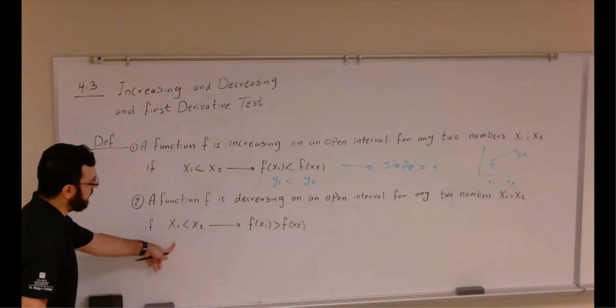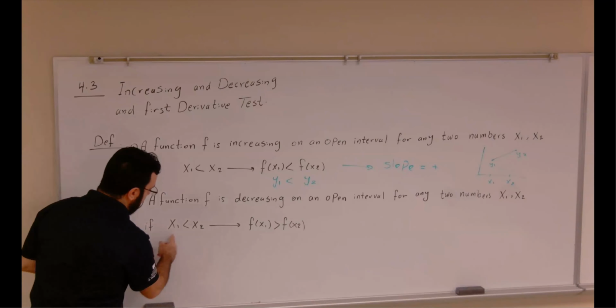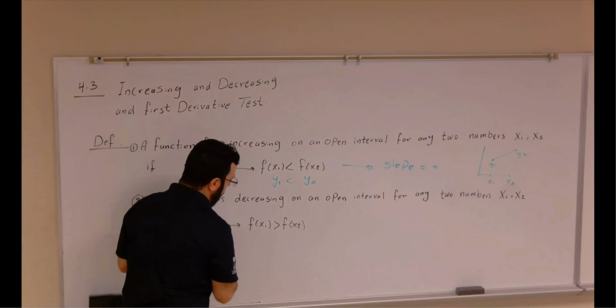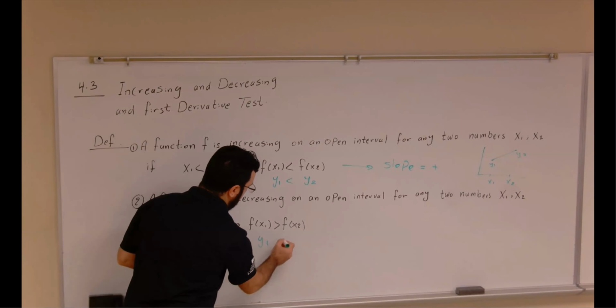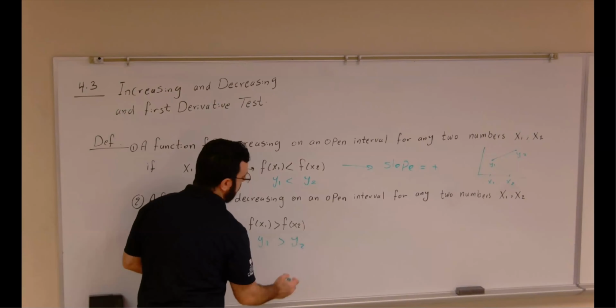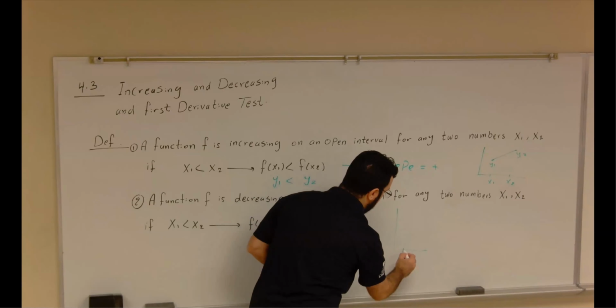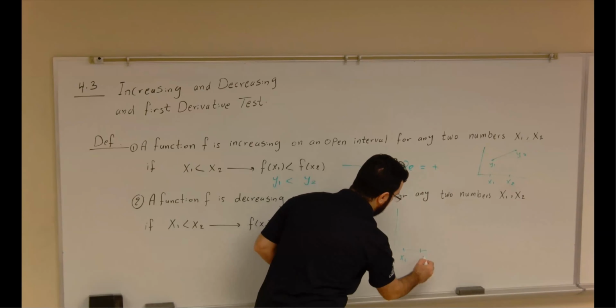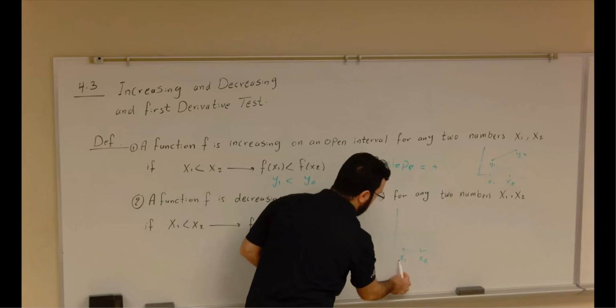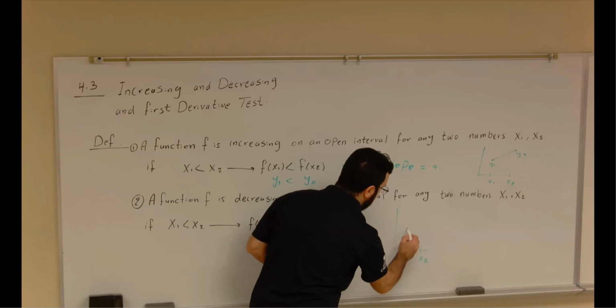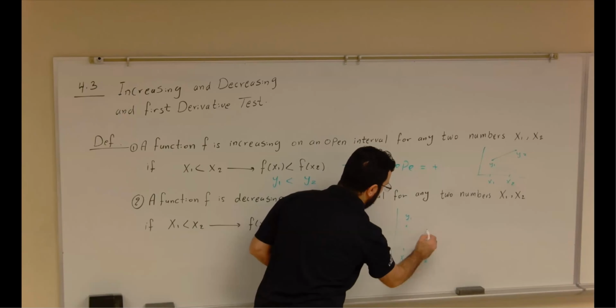The function is decreasing when x1 is less than x2, but y1 is greater than y2. So when you try to graph it or check the graph, if this is x1 and here is x2, x1 less than x2, and here is y1 and here is y2.